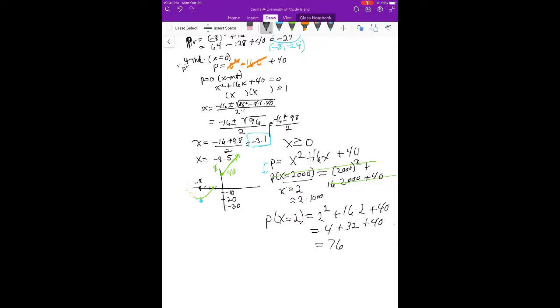So the price that the supplier wants to sell these units at when there's 2,000 units available on the market is $76 per unit. All right, so that's from the supply curve, and that tells us how much the supplier wants to sell the units at for that many.